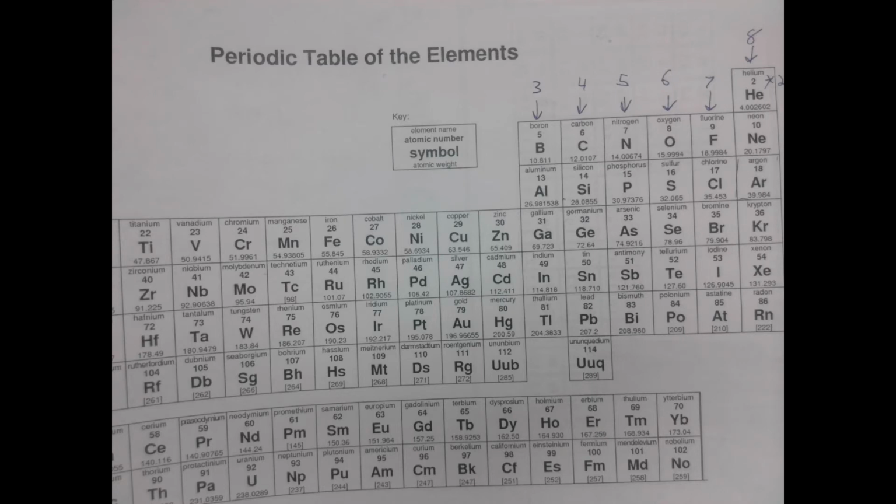So a nice little trick, instead of having to write out the full electron configuration, to determine how many electrons are going to be on the outer shell, we have a very nice way of figuring that out.